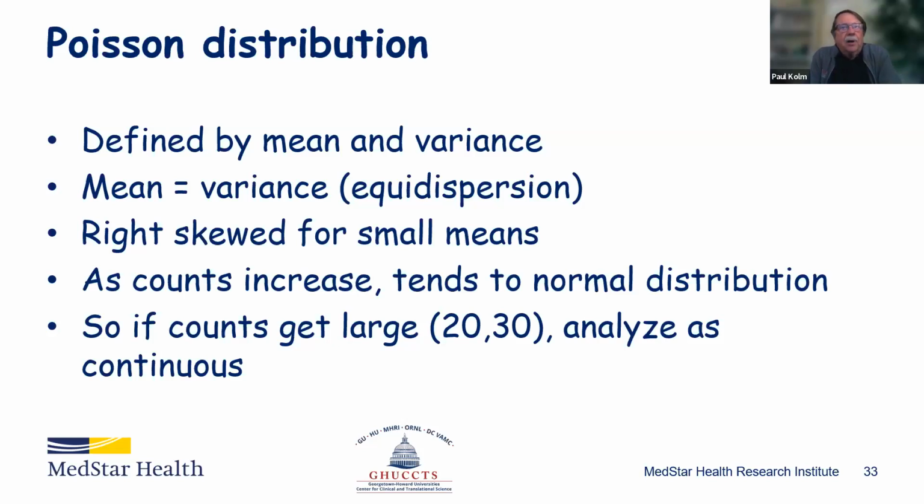So if the counts get large, we usually analyze it as continuous. So heart rate is a good example of this. Obviously, heart rate is a count, but because it's so large, that is, you don't have heart rates around 0 or 10 or 20, we analyze heart rate as continuous.